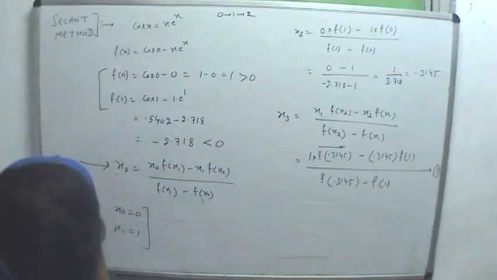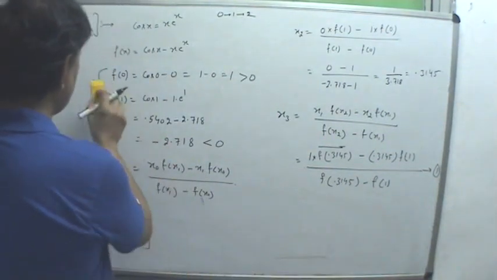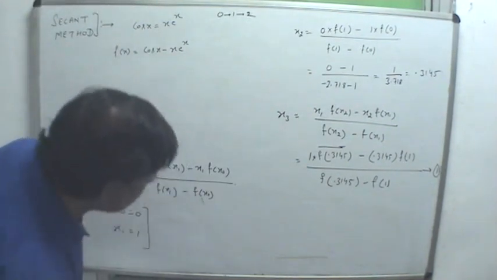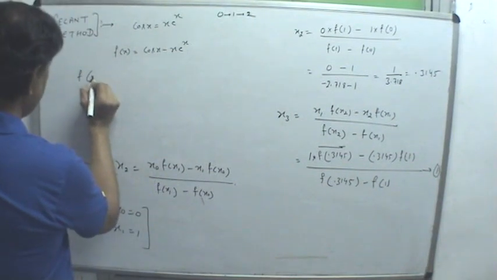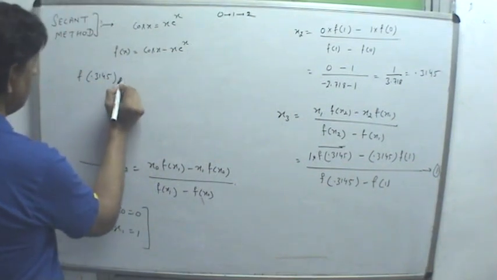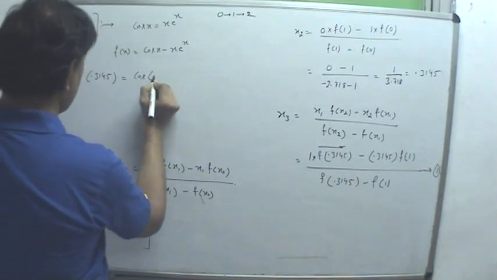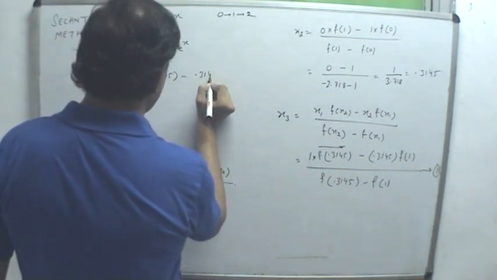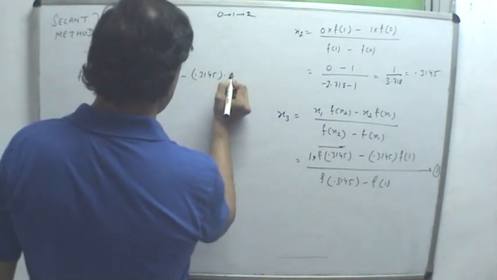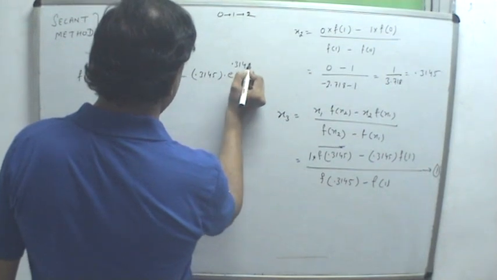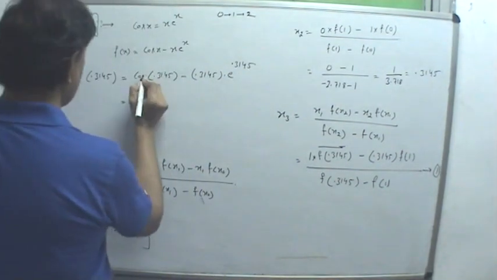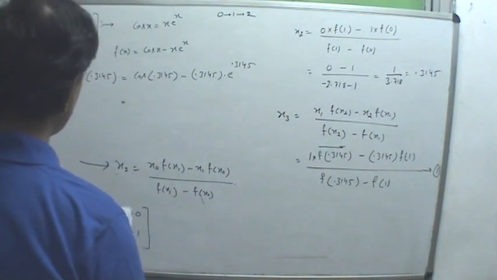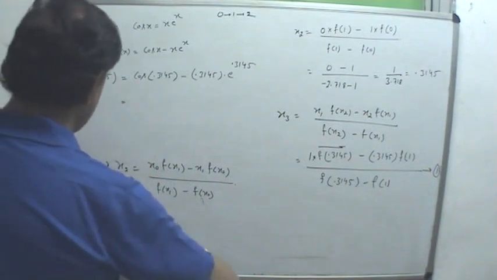Now we can calculate this value with the help of the given function. f of 0.3145 is equal to cos of 0.3145 minus 0.3145 into e raised to the power 0.3145. Again we can find the values from the system, and again we have to check the values in radians.